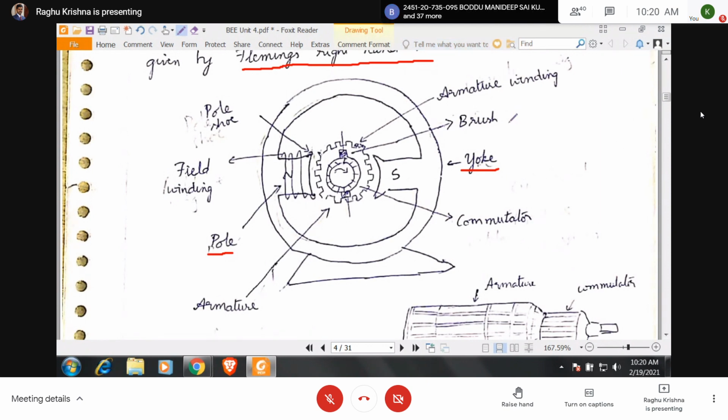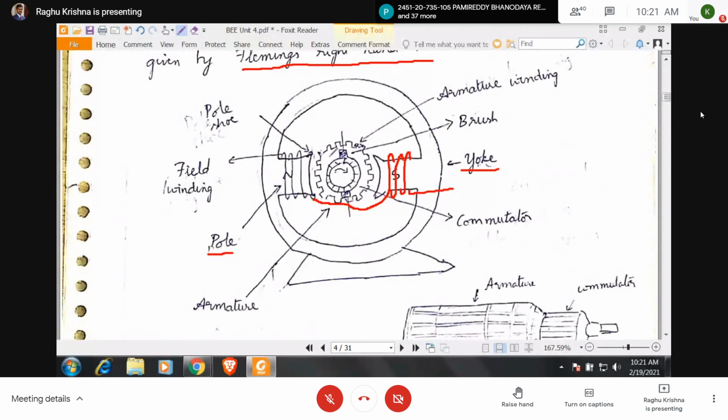Actually here also there will be winding. After this, the winding is continued like this. Like this, you are going to have the winding.